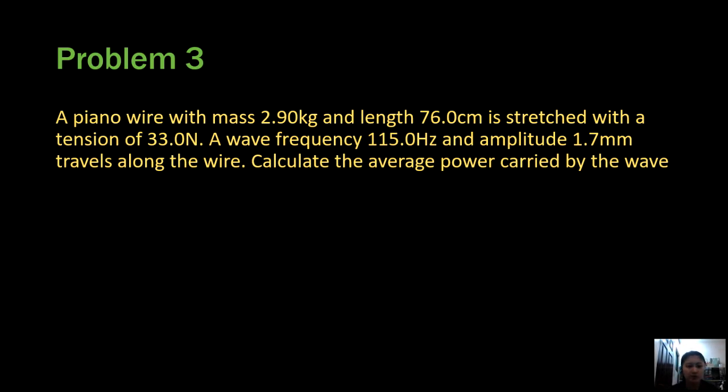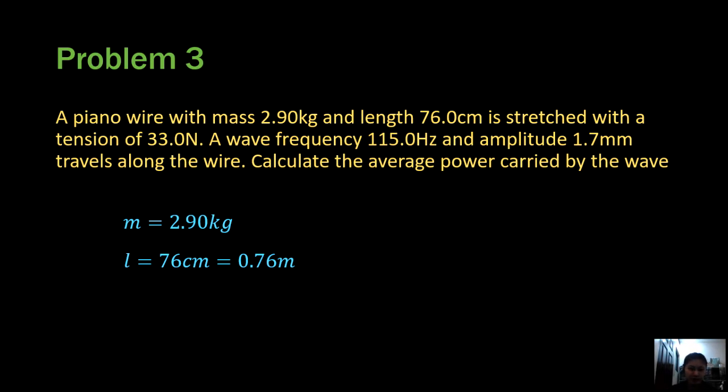And so we have to firstly list down the given in the problem before we decide on what equation we would use. So mass is equal to 2.90 kilograms, which is given in the problem, and the length of the piano wire is 76 centimeters, and we go ahead and convert that into meters and divide by 100, which would be 0.76 meters.